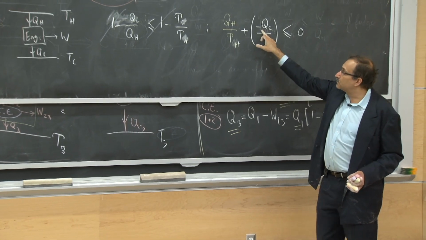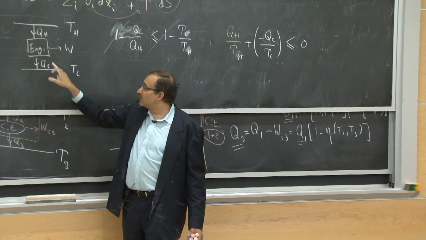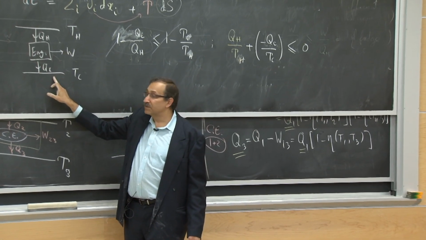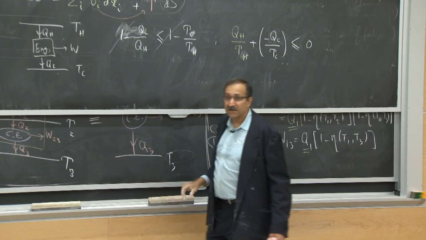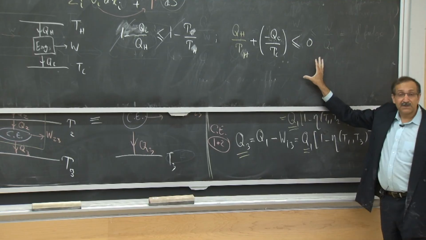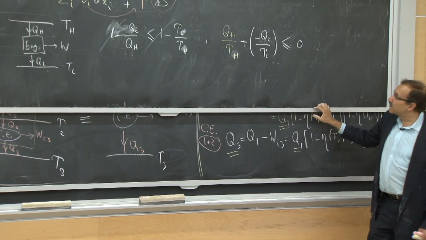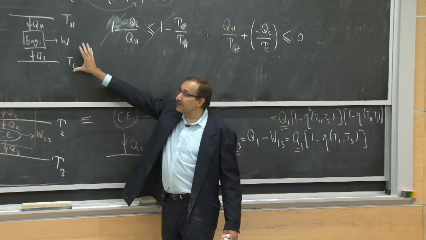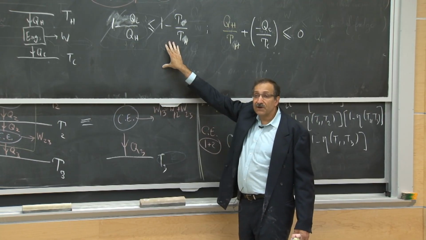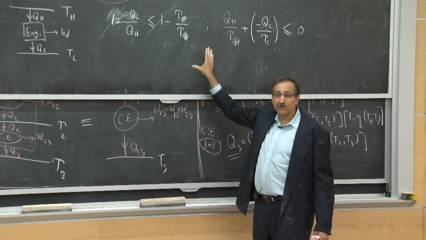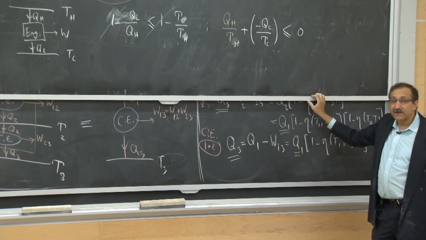So I can regard minus QC as the heat that goes into the engine coming from a reservoir of temperature TC, and QH going through the engine coming from a reservoir of temperature TH. And you have a relation such as this because the efficiency of any type of engine has to be less than the efficiency of the Carnot engine that is stamped by the corresponding temperatures.